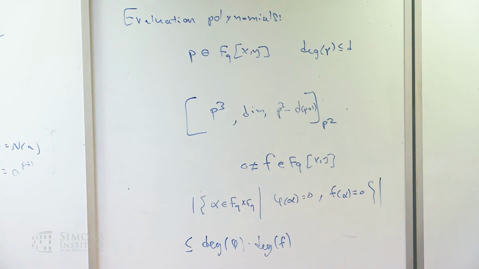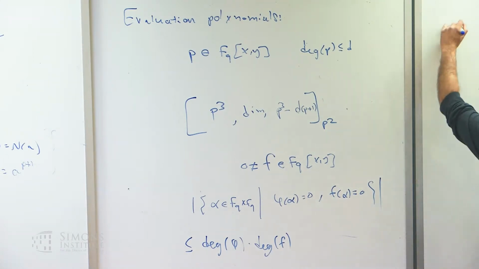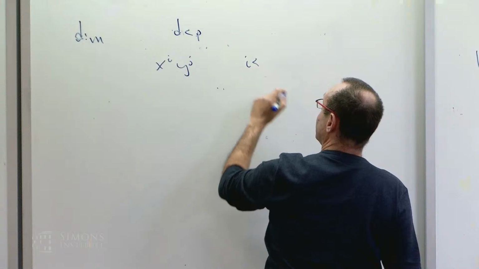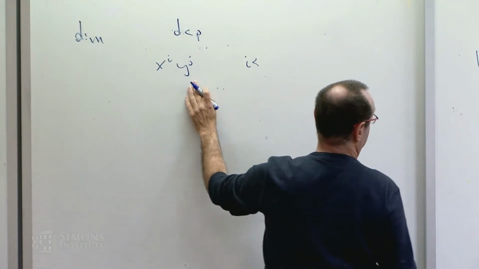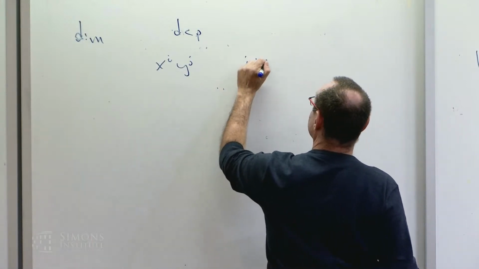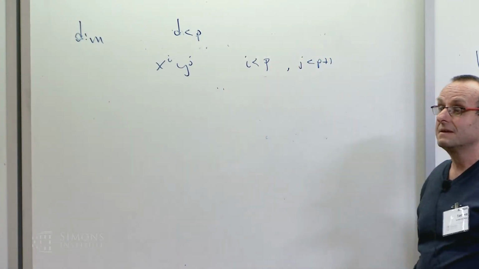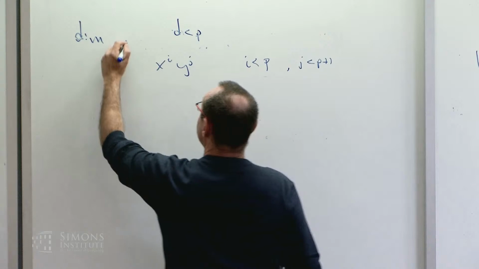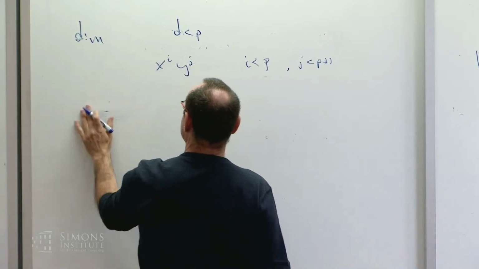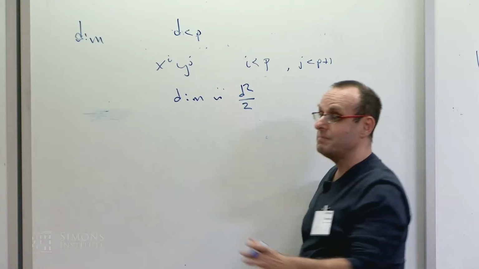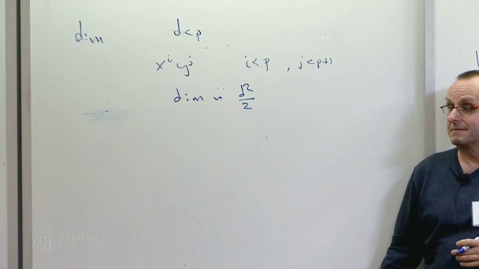Okay. Now what's the dimension? Well, if d is smaller than p, then the elements x^i y^j, where i and j are smaller than p+1, are all independent. And therefore the dimension is about d squared over 2. I mean, all pairs are independent.